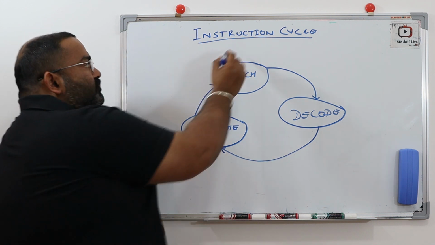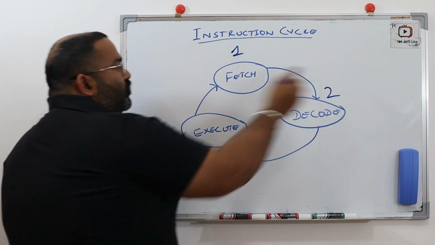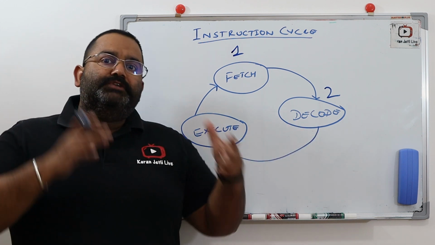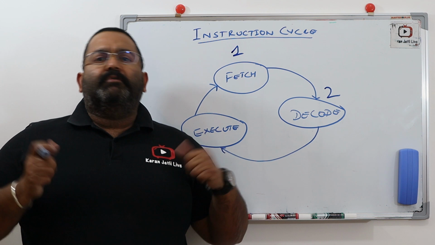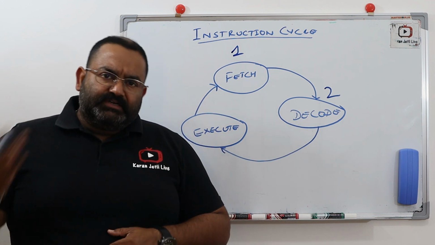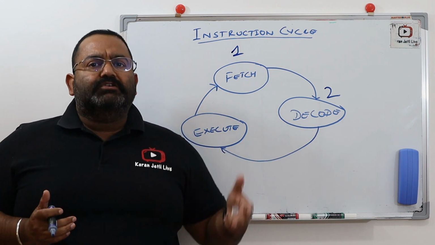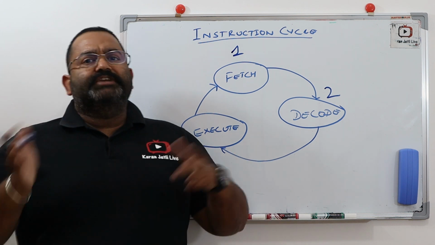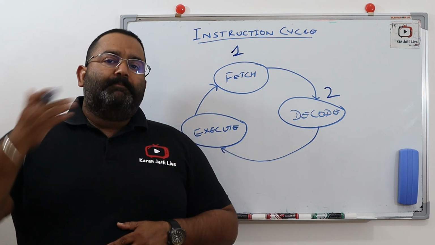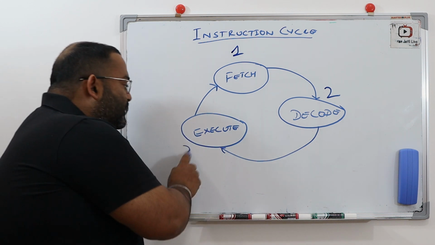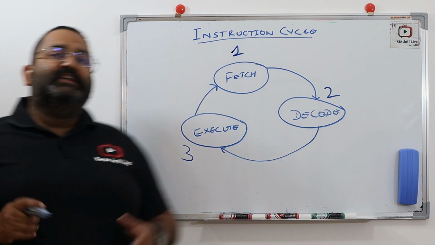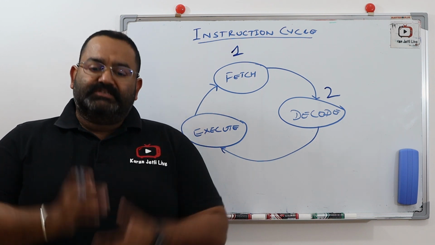Number two stage is decode. Here the CPU decodes the instruction and tries to understand what type of instruction it is, whether it is an arithmetic instruction, a logical instruction, or a data movement instruction. Depending upon the type of instruction, we go to the last stage. We call it the execute stage.